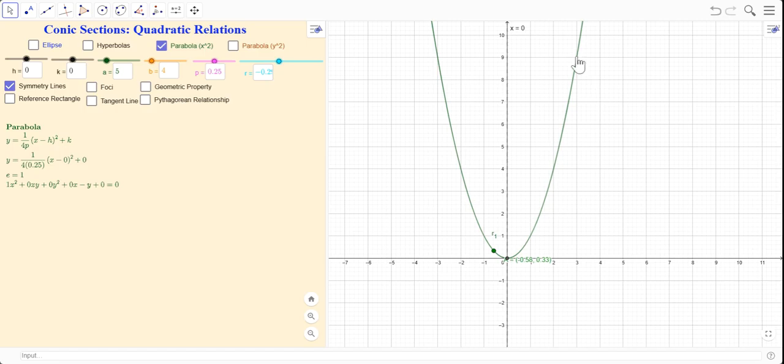It's 9. So it's here and here. So you can see the symmetry about the vertical line x equals 0. That is the y-axis. So we can think of that as our base model.